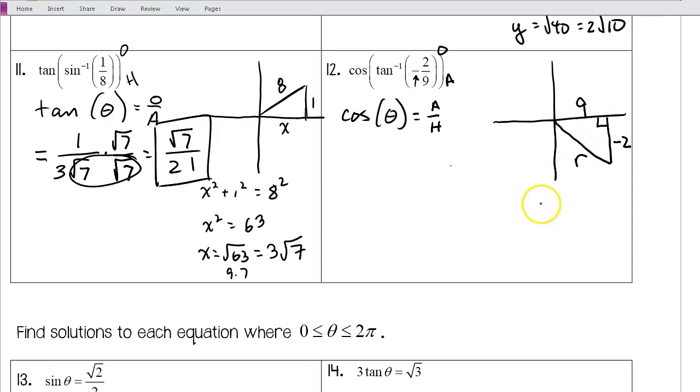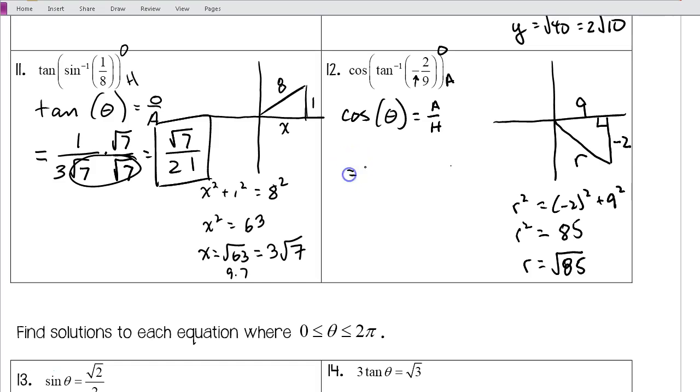And we can calculate r, or the hypotenuse, whatever you want to call it. So r squared equals -2 squared. Notice the parentheses there. Plus 9 squared. R squared is equal to 85, which means that r is equal to square root of 85, which I don't believe simplifies.